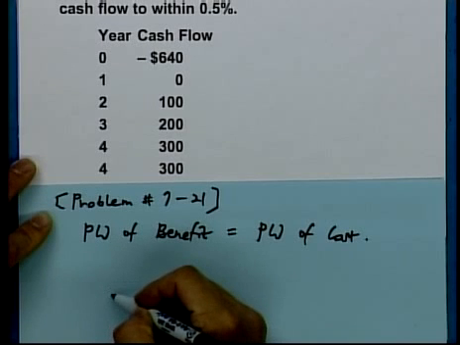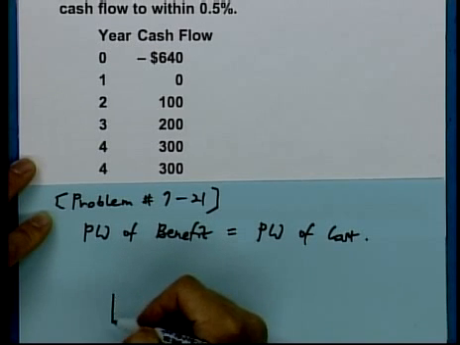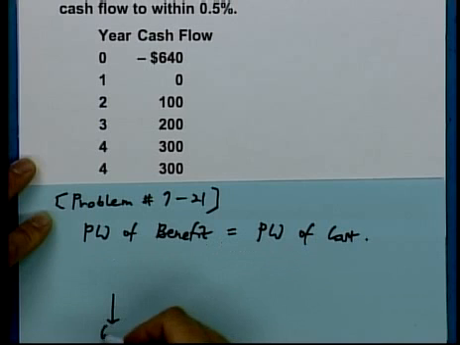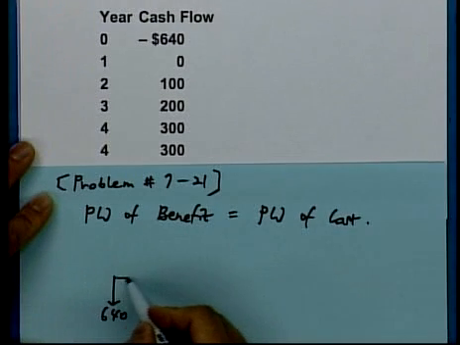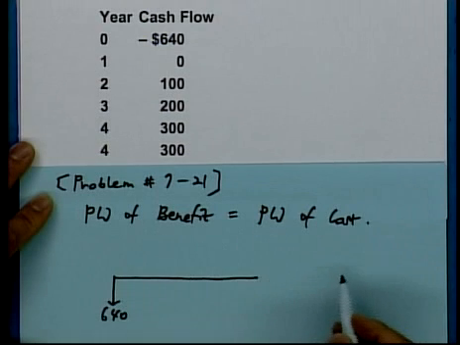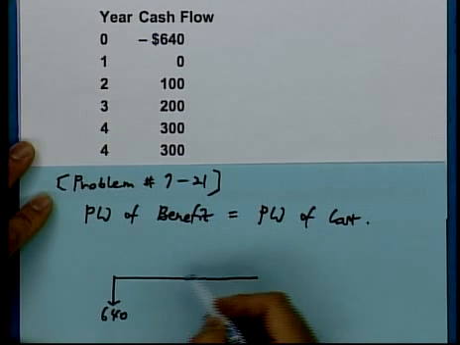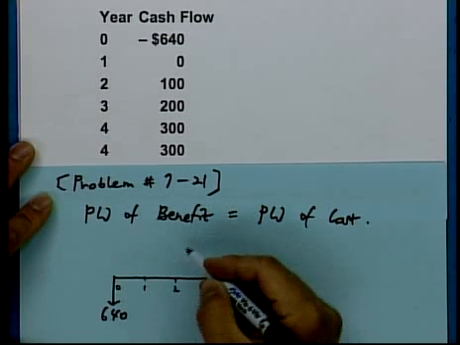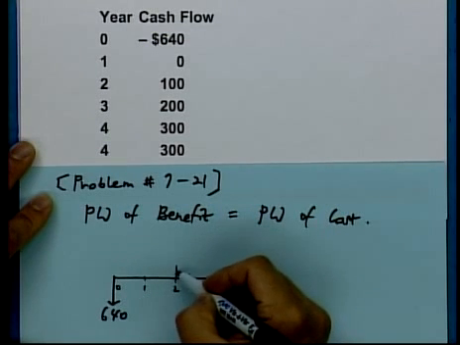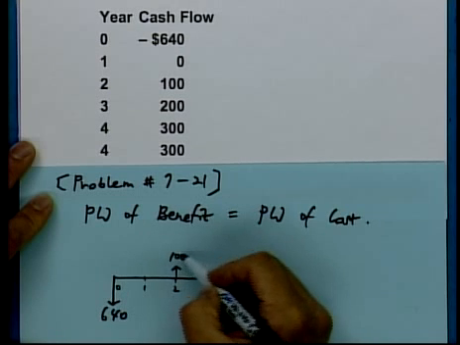So there is an initial cost of $640. And then at the end of 2 periods, there is a positive cash flow of 100.